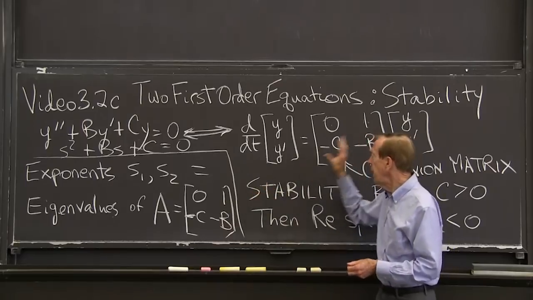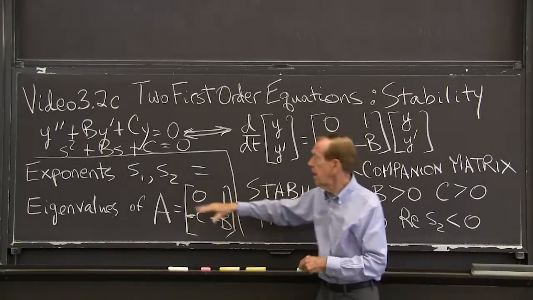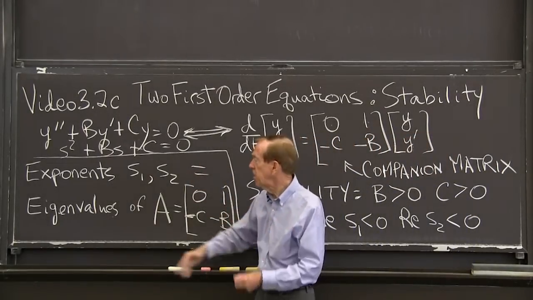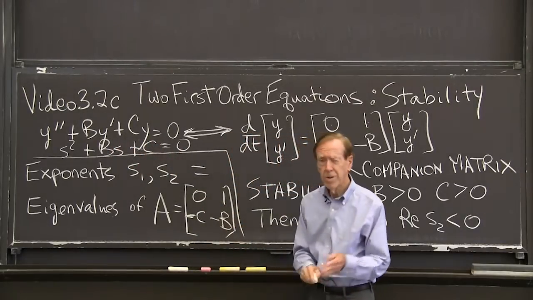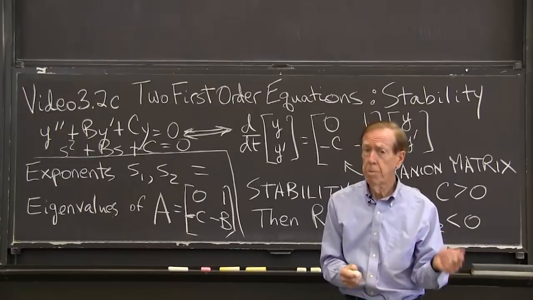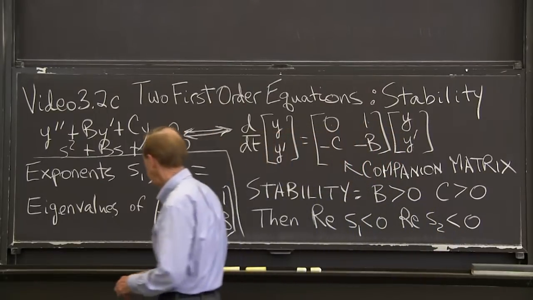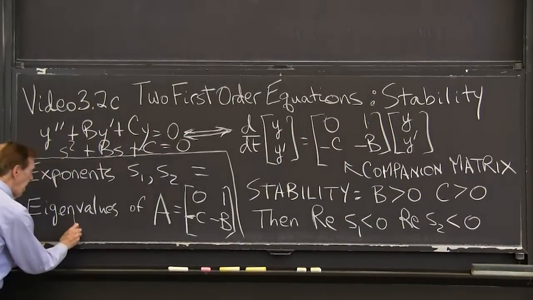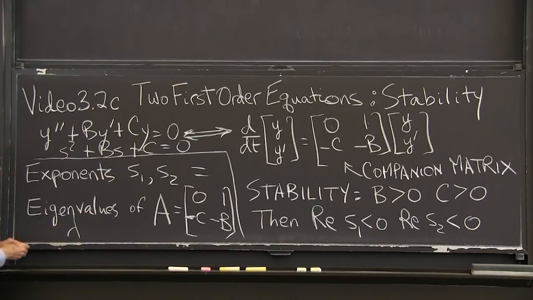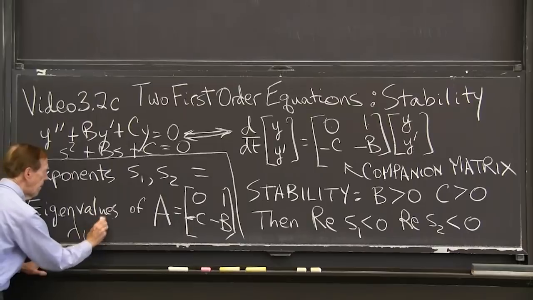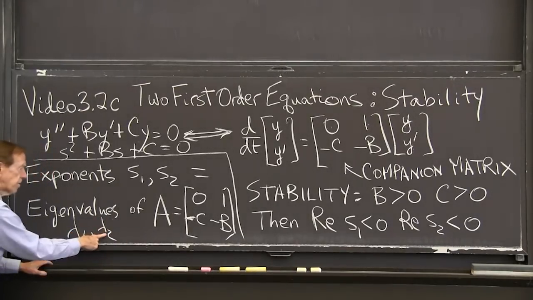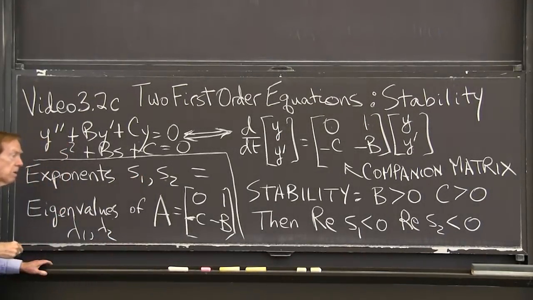You see, the matrix in this problem has the same information as the equation here. So those are the eigenvalues. And may I just tell you what you may know already, that everybody writes lambda, a Greek lambda, for eigenvalues. So where I had two exponents, here I have two eigenvalues. And those numbers are the same as those numbers.